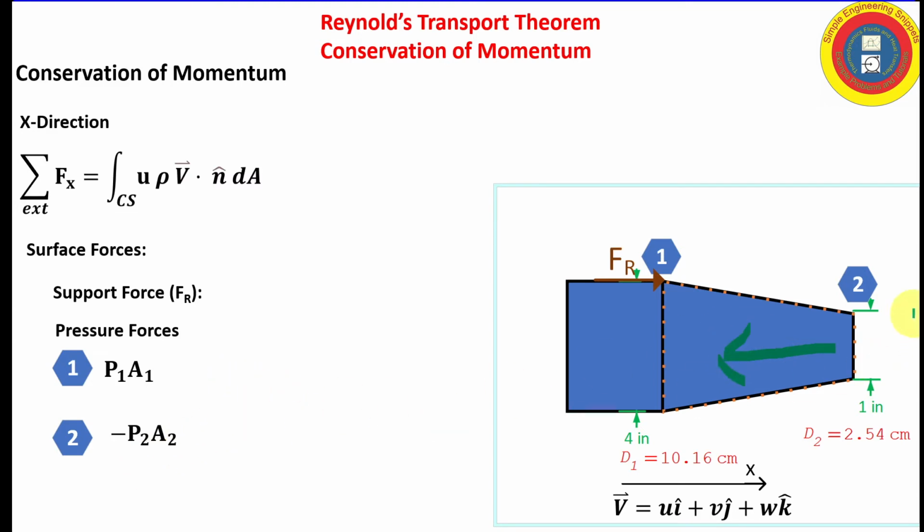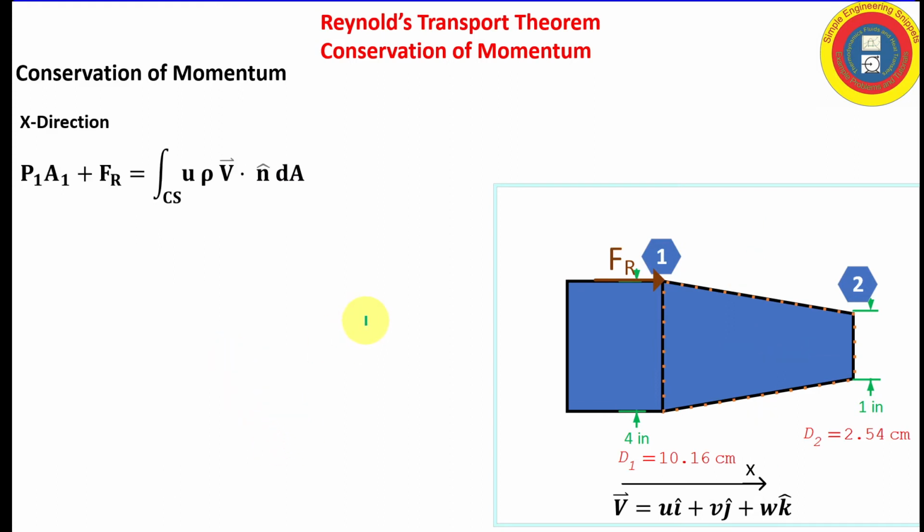But the pressure at 2 is atmospheric, and there's atmospheric pressure all around this control volume, so we're going to use gauge pressure to determine our external pressure forces. So the pressure at 2 is going to be 0. All right, so that's good for the left-hand side.